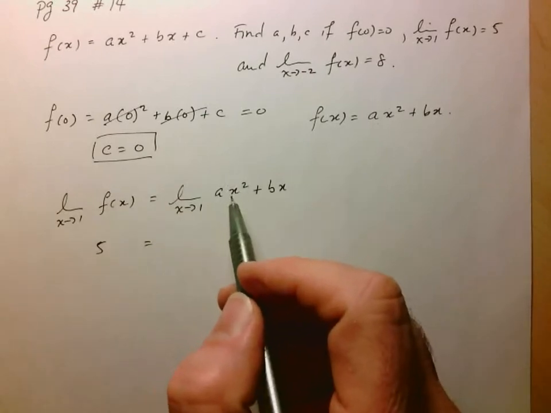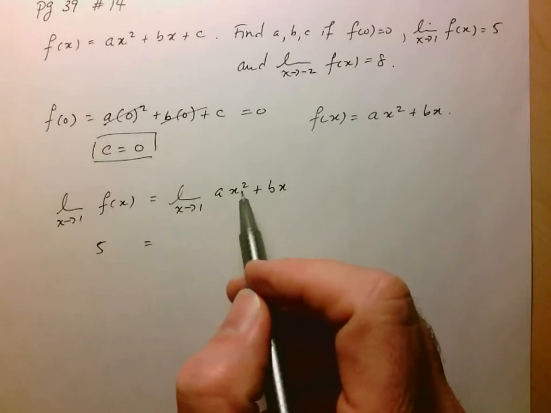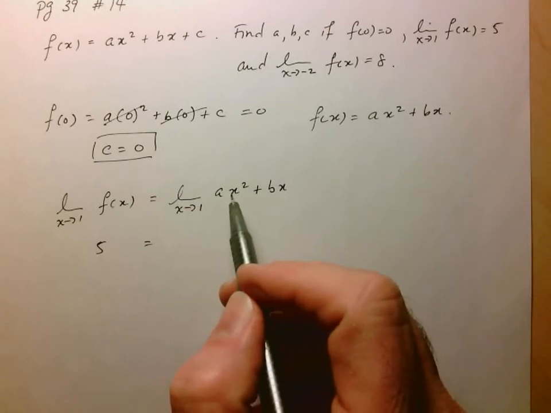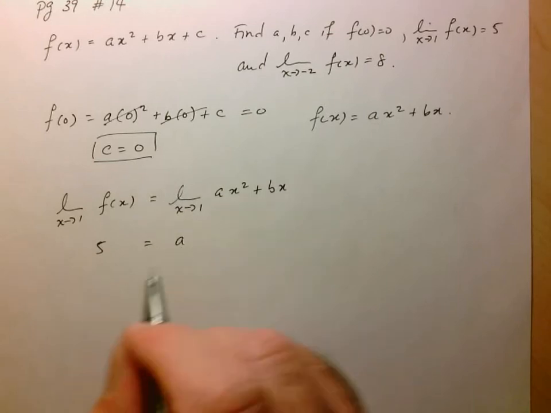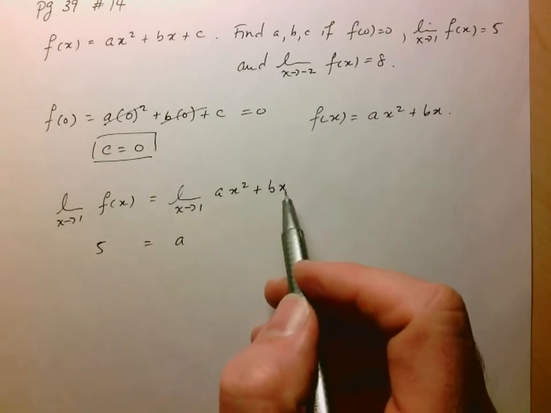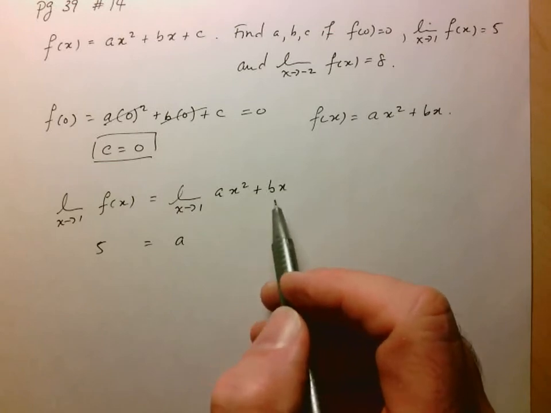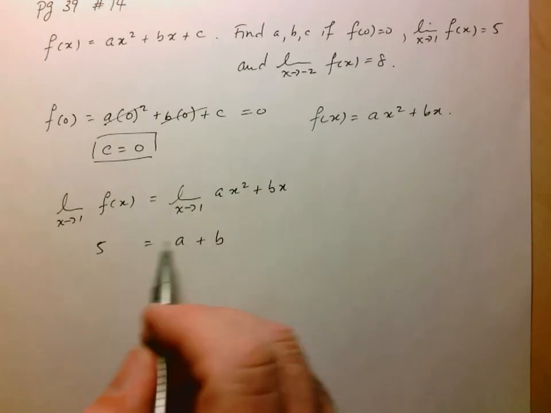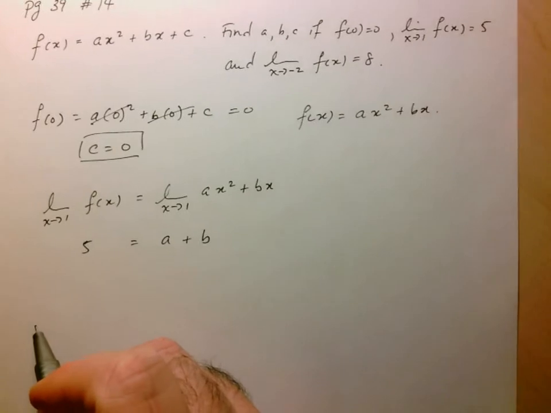Here, x is approaching 1, so x squared is just going to be approaching 1 squared as x gets closer and closer to 1. So I'm just multiplying 1 squared times a, so I'm just left with a. Similarly here, x is just approaching 1, so this expression is just approaching b times 1, so plus b. And so now we've got one equation that should help us solve for a and b.